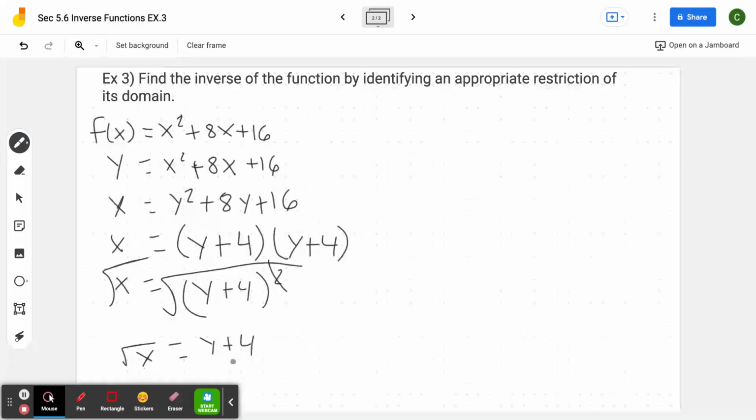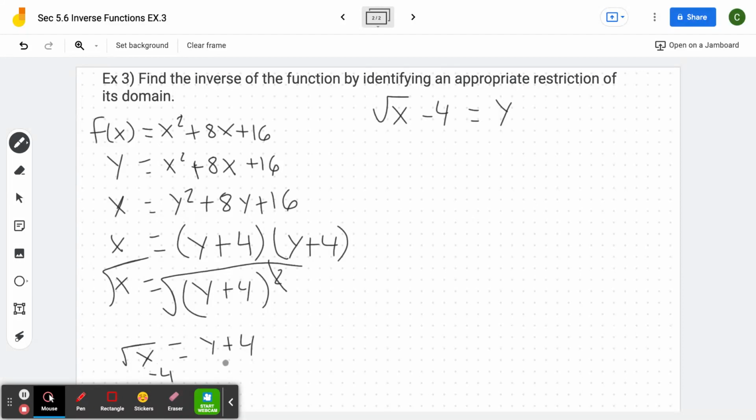Okay, and I need to get y by itself, so I'm going to subtract 4 on both sides, and I will get the square root of x minus 4 equals y. So y equals the square root of x minus 4.